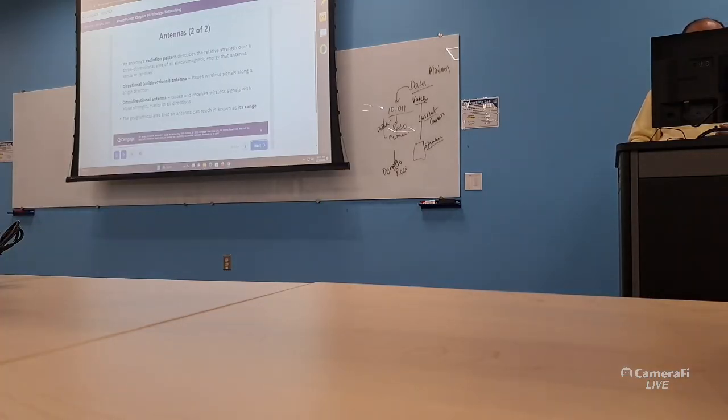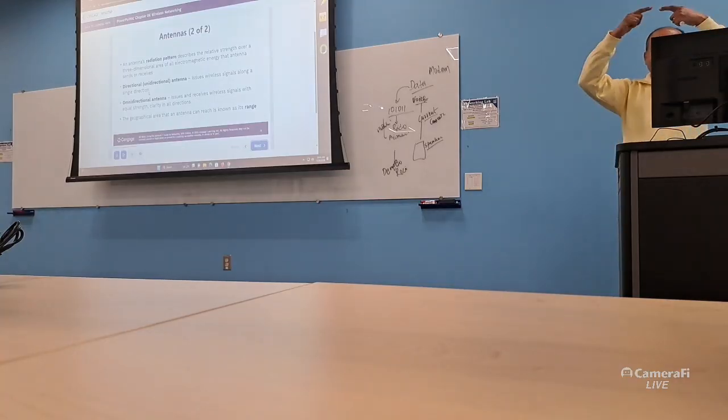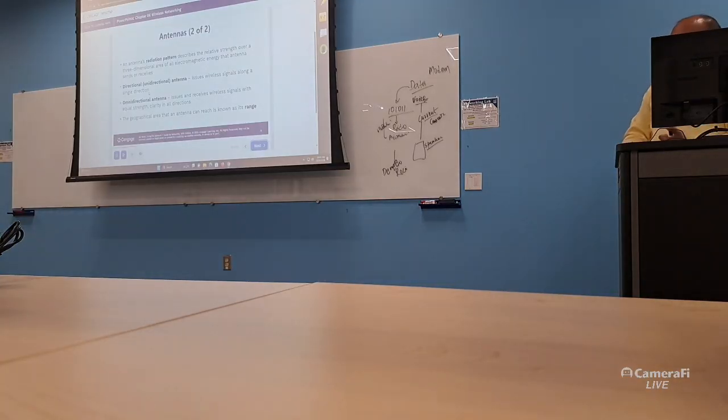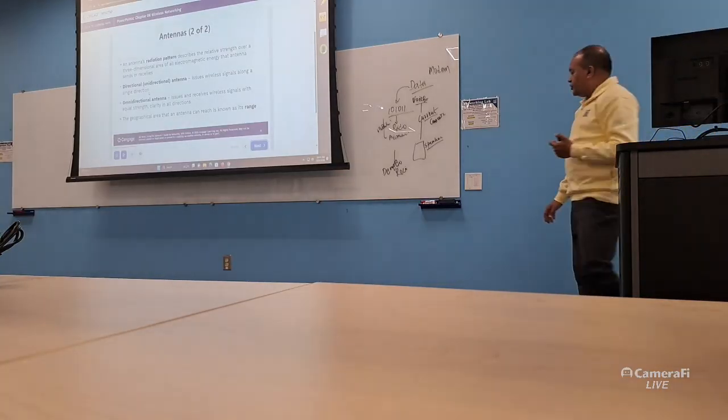So this is all explained here. Now, a directional antenna, which is a unidirectional antenna, as opposed to an omnidirectional antenna, issues wireless signals along a single direction. That's what I was talking about: line of sight connection. Only line of sight connections are possible.